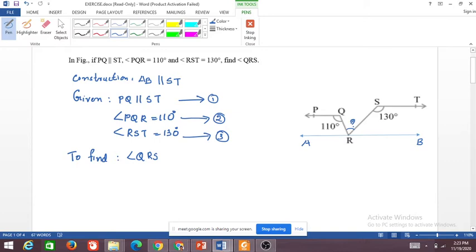So how did you use that? How did you know that PQ is parallel to AB? Tell me, Harika. Ma'am, by theorem, we know that ST is parallel to AB, ma'am. Okay, ST is parallel to AB by construction.